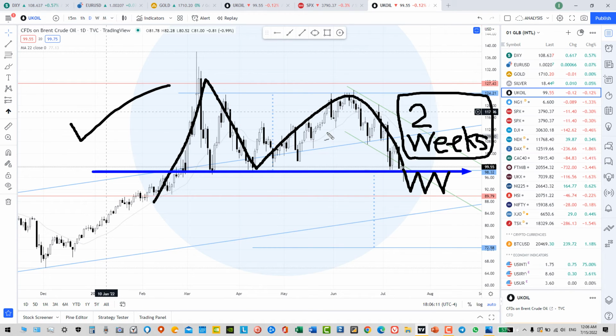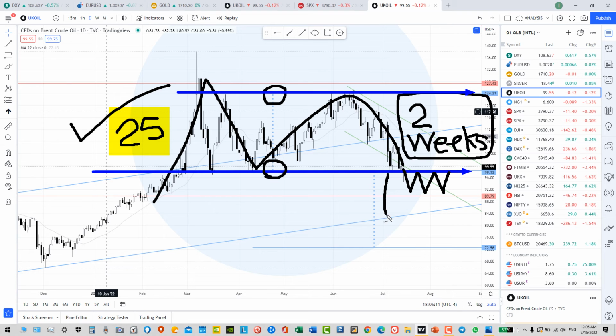The thickness of this pattern, ranging from the neckline at 98 up to the common resistance over the weekly around 124, means that we have approximately $25 thickness of this reversal pattern, which will be subtracted from the level of the break.